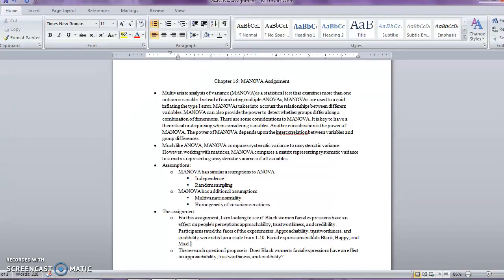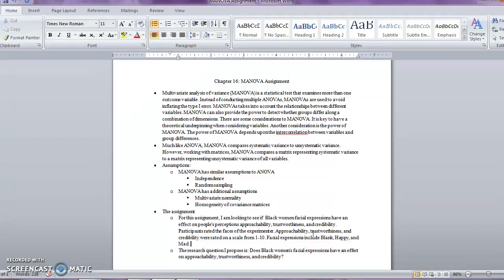But anyways, the beauty of MANOVA is that it can do things that an ANOVA can't do. For example, it takes into account the relationship between different variables. It can provide the power to detect whether groups differ along a combination of dimensions.